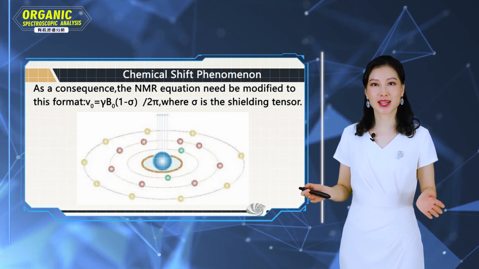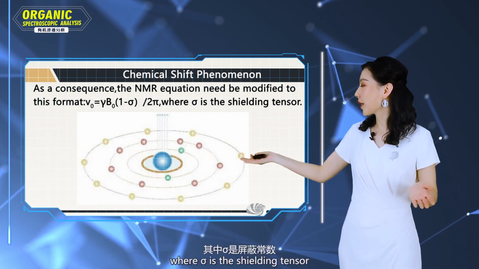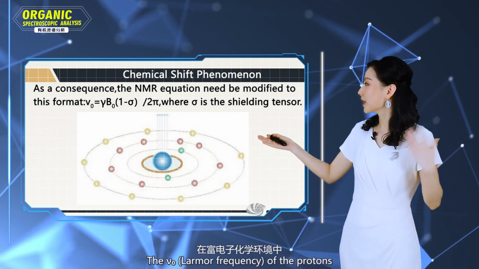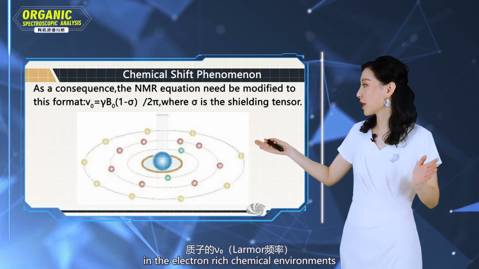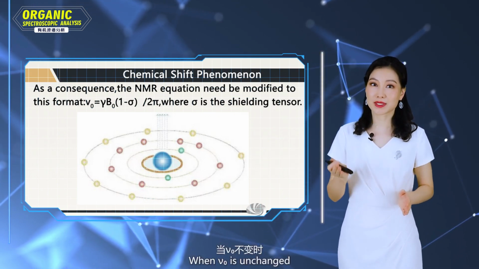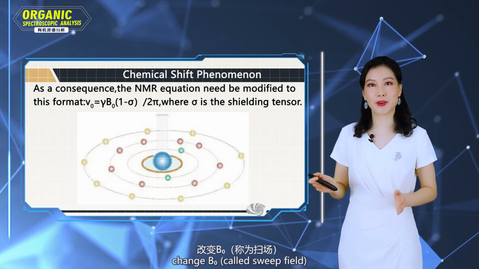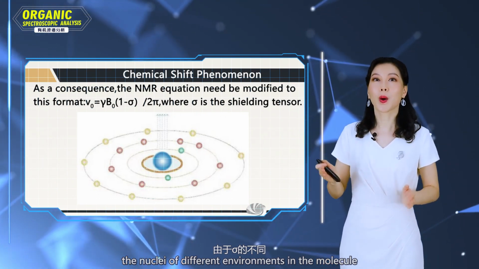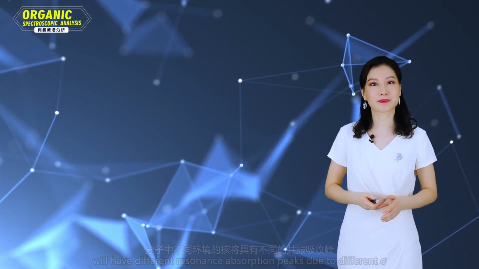As a consequence, the NMR equation needs to be modified to this format, where sigma is the shielding constant. For the Larmor frequency of protons in an electron-rich chemical environment, sigma B0 is bigger. When nu0 is unchanged and B0 is changed, which is called sweeping the field, the nuclei of different environments in the molecule will have different resonance absorption peaks due to different sigma.